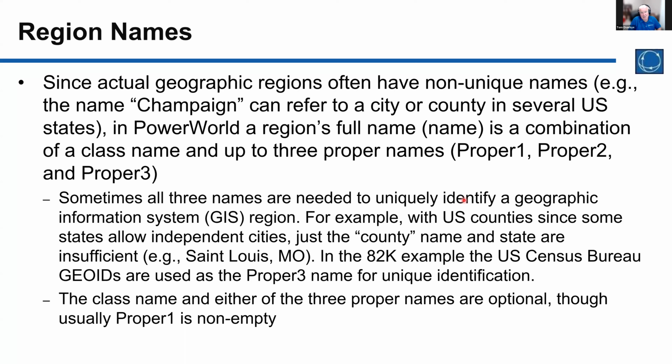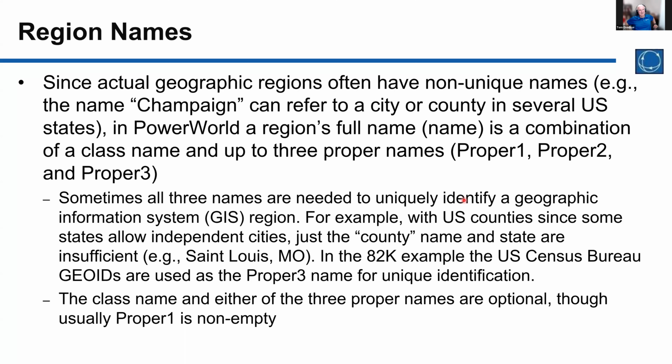So we ended up actually using three names to make something unique. It might be Champaign, it would be a US county, Champaign, Illinois. That one is unique with two names. As we were doing this, though, we realized that even with US counties, some counties require three names to make them unique because in the US, there are some states that have independent cities, like St. Louis in Missouri.